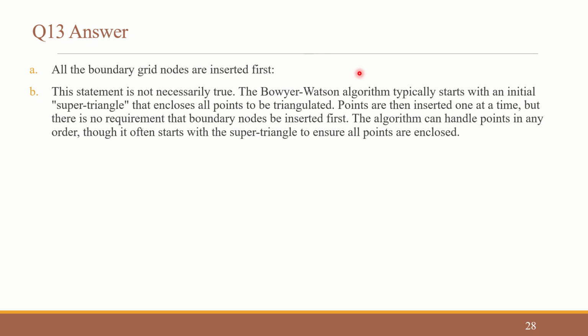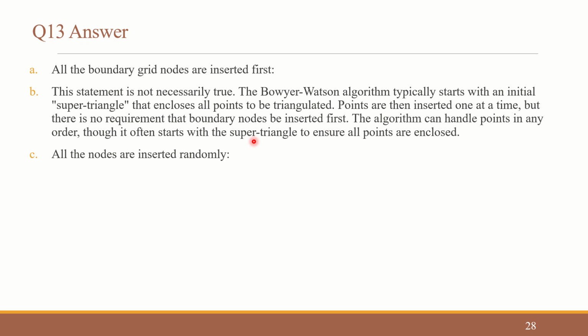Points are then inserted one at a time, but there is no requirement that the boundary nodes be inserted first. We are not following any pattern of inserting boundary nodes first and then going inside. So the first statement is false. The algorithm can handle points in any order, although it often starts with the super triangle to ensure all points are enclosed.